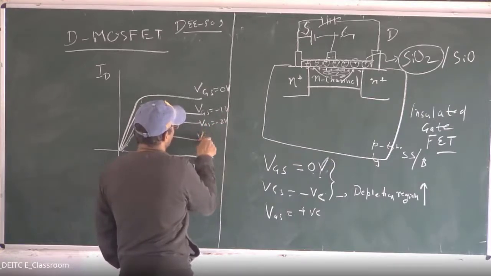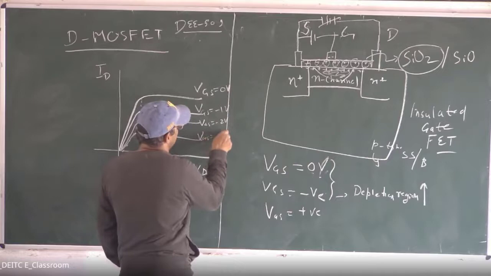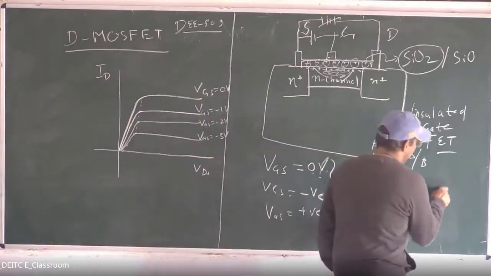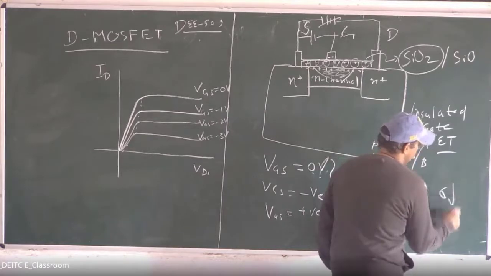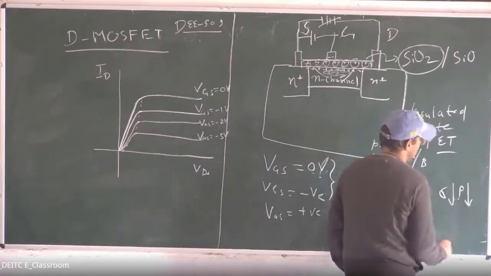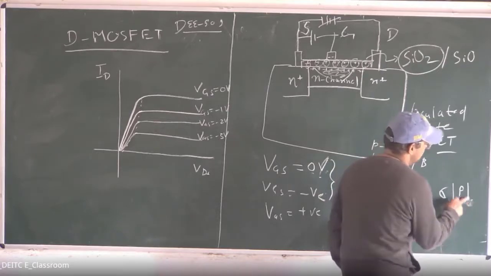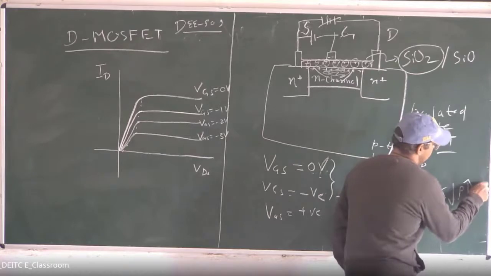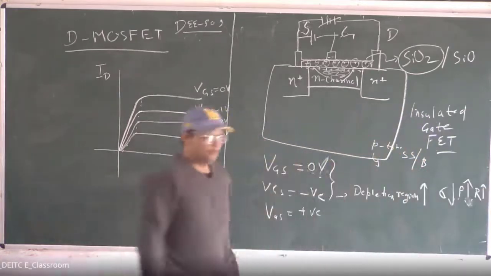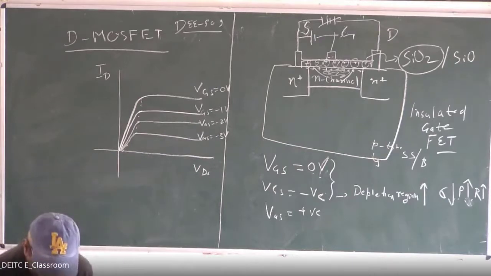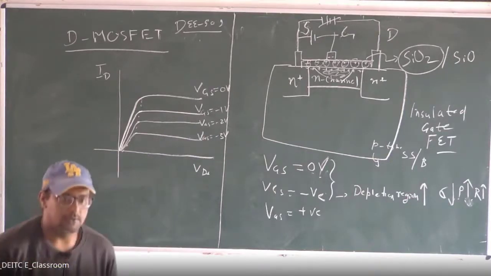As we keep on increasing the negative voltage, the depletion region will increase and the conductivity of the N channel will decrease. If the conductivity decreases, then the resistivity will increase, and as a result, the resistance will also increase. This we know by the basic relationship of conductivity, resistivity and resistance.